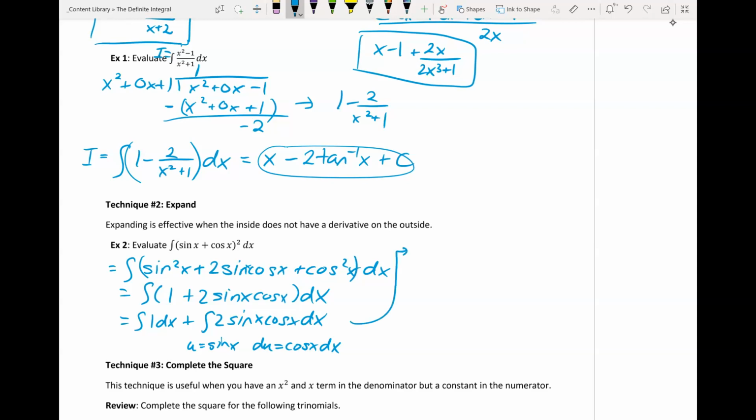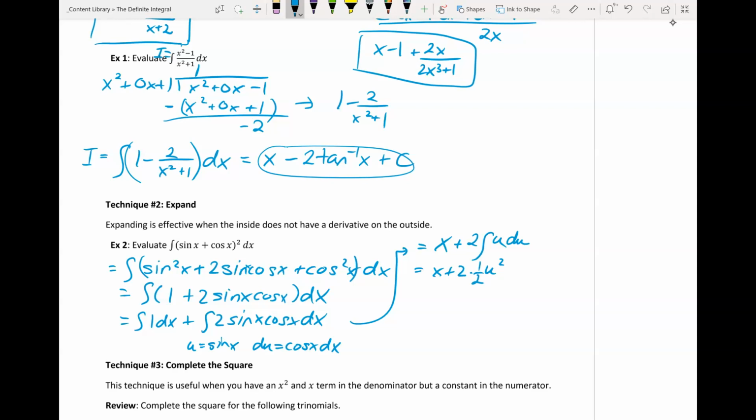I'm going to continue this up here. We can integrate the 1, which will be x. And then I'm going to replace sine x with u and cos x dx with du. And then integrate that. So the integral of u is going to be u squared multiplied by a half.